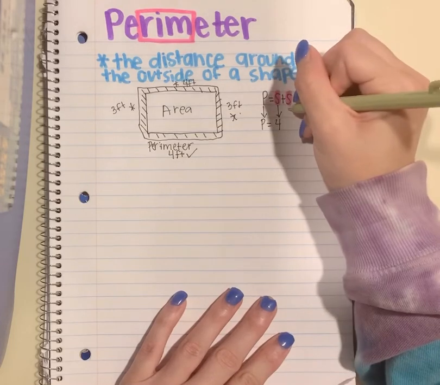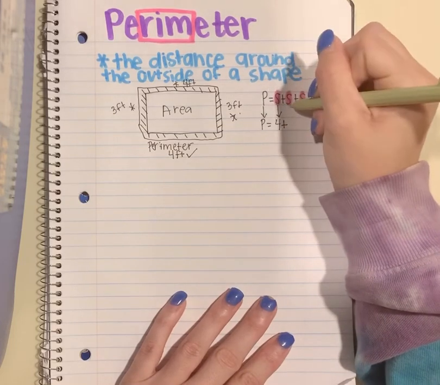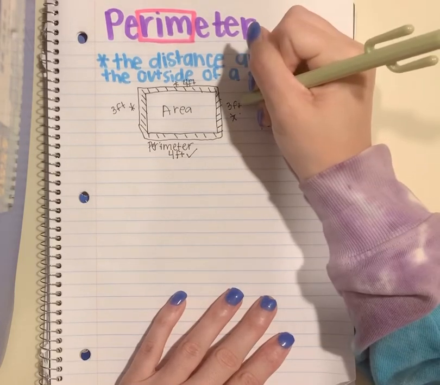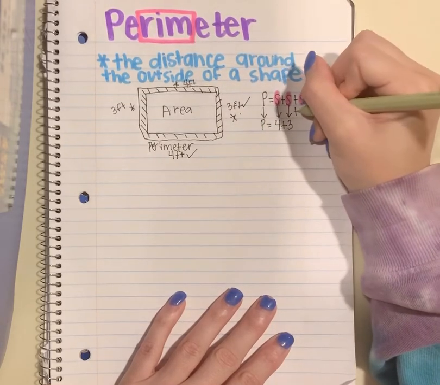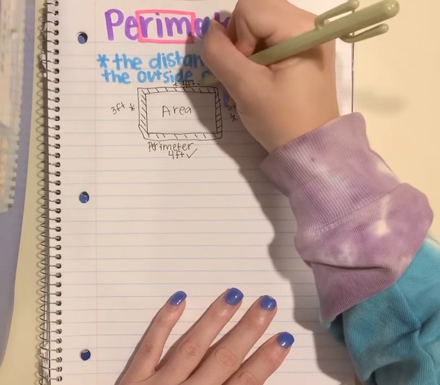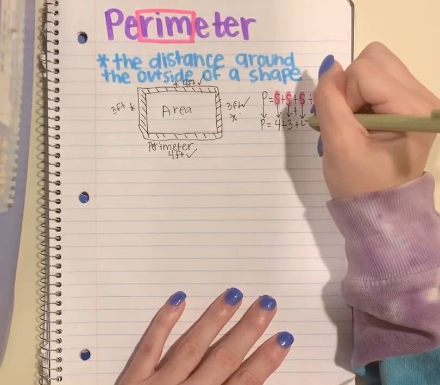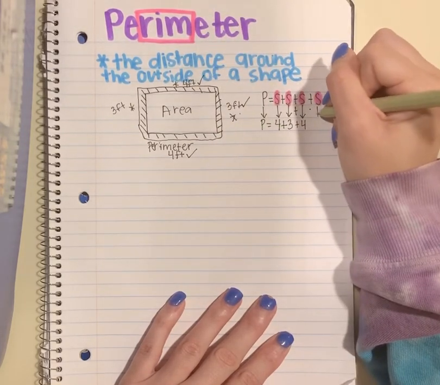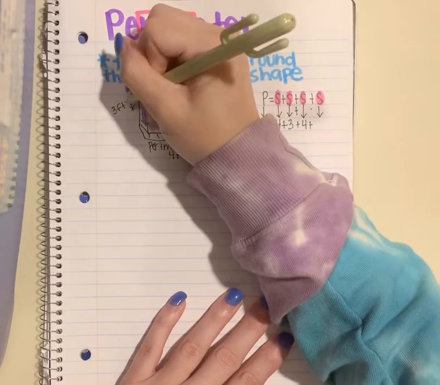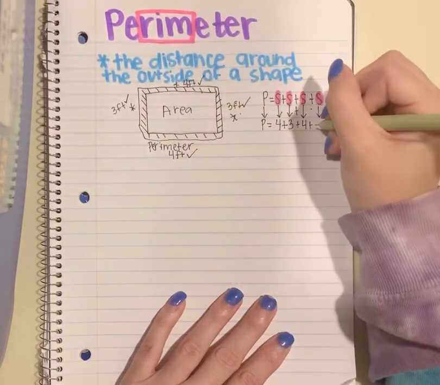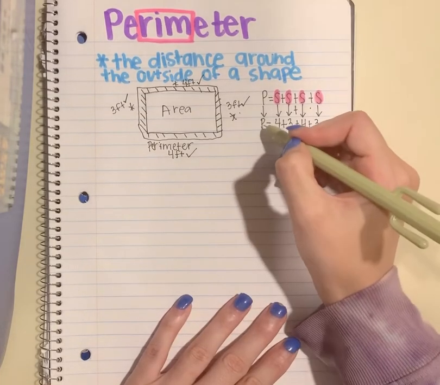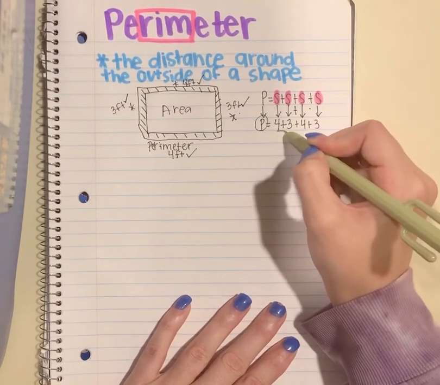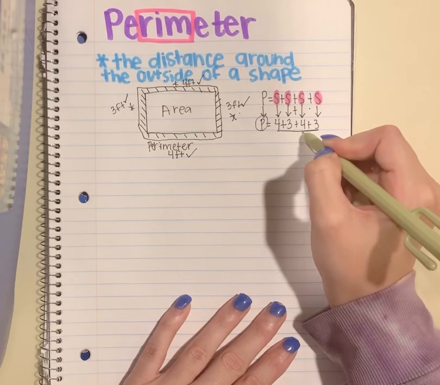And I'm going to check it off because I've already used that side. I'm just plugging into my formula. Plus another side. Okay, 3. I'm going to check it off. 3 plus another side of 4, and then last, plus my last side so my doggy doesn't get out, of 3. Okay, so to find this P right here, I'm going to add up all the sides.